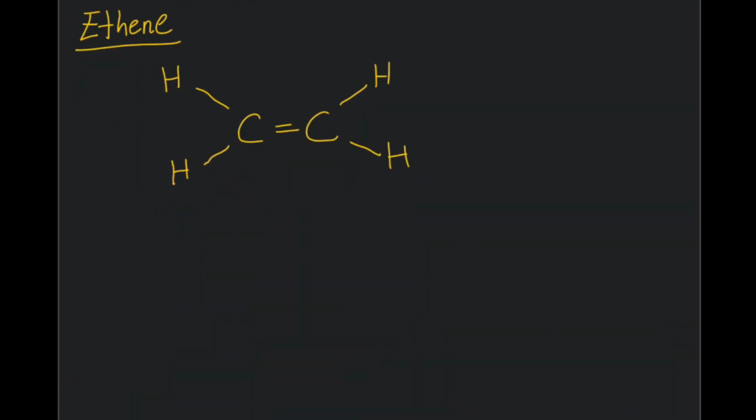But what about the double bond? What is happening for the double bond formation? In this case, what is the hybridization of the carbon atom here? Double bonds occur by overlap of the p orbitals, but the overlap is not very good.